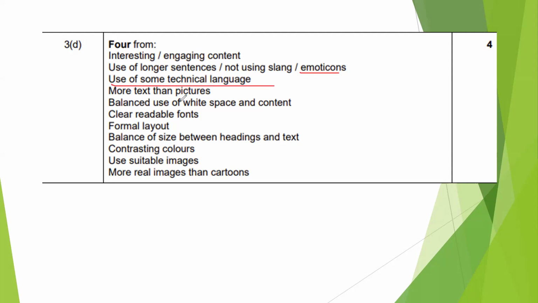More text than pictures. Balanced use of white space and content. Clear, readable font. Formal layout. It should be a balance of size between heading and text. Contrasting color. More real images than cartoons.